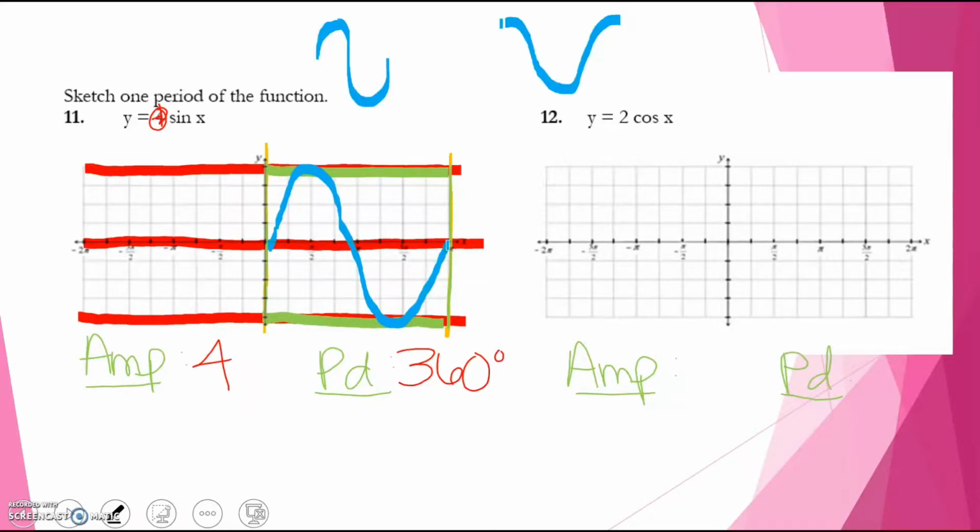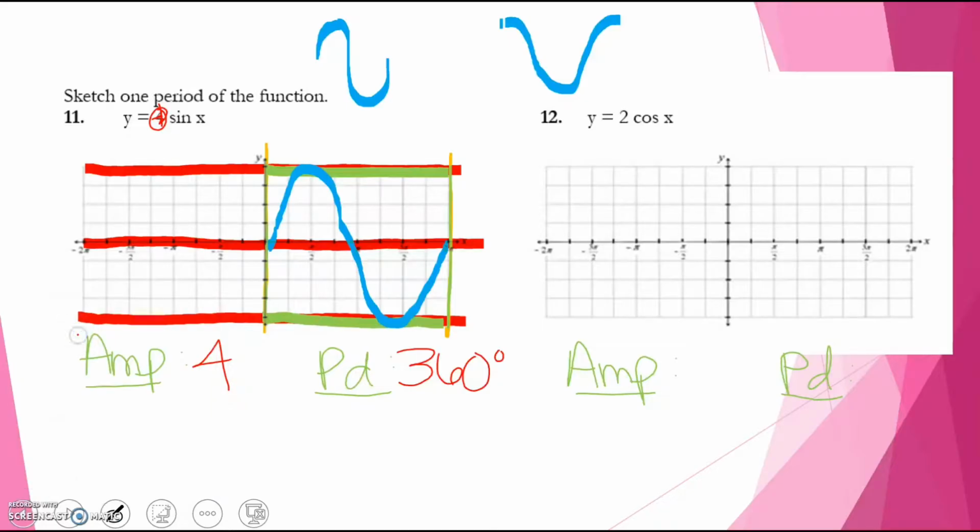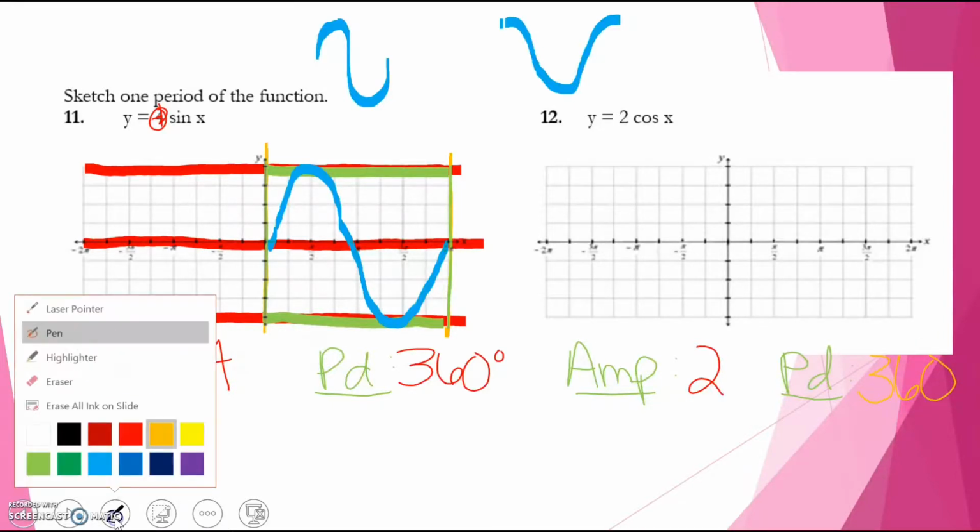So then, let's look at this cosine graph. The amplitude of the cosine graph is 2. And the period is 360 divided by b, so 360. So I start off by defining my amplitude.